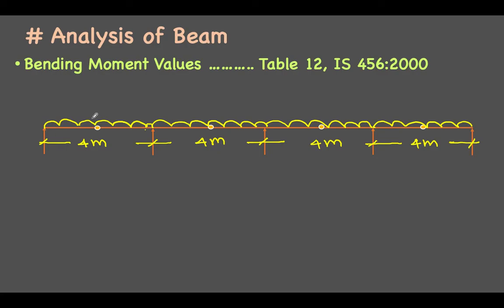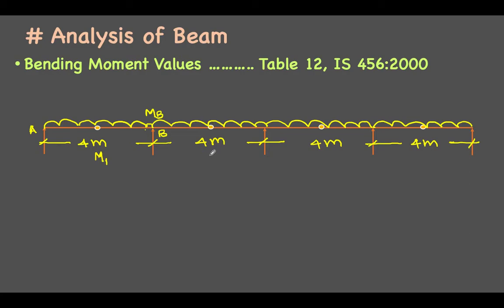Let us consider this. A is our simply supported span, so the moment is 0 over here. At center, this is mid span, so let us consider this moment as M1. Over support B, let us consider the moment as MB. This is the second span.